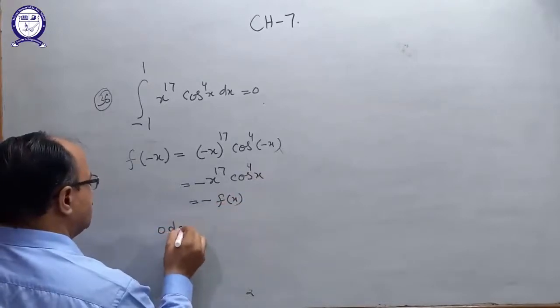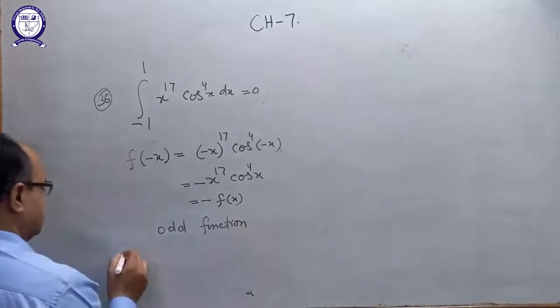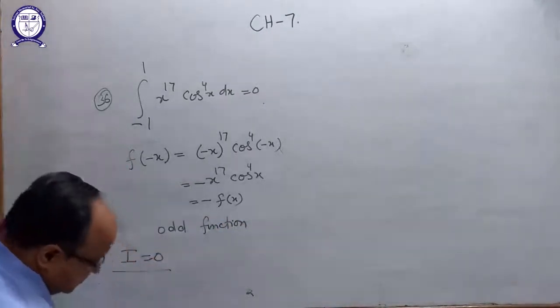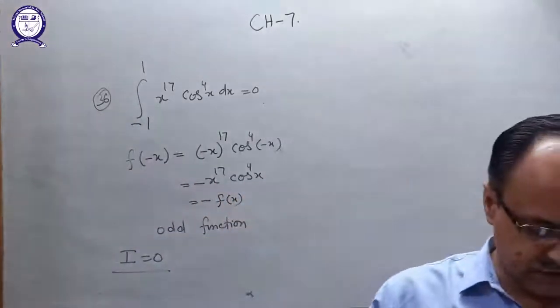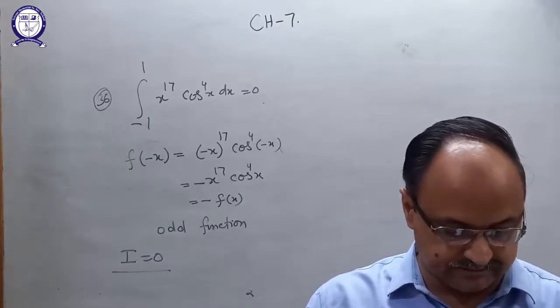That means it is an odd function, and for an odd function the answer is 0. You know very well, if the function is odd, then the answer of this question is 0. Clear?